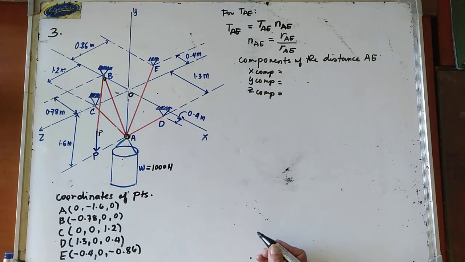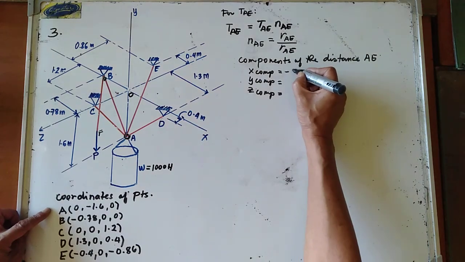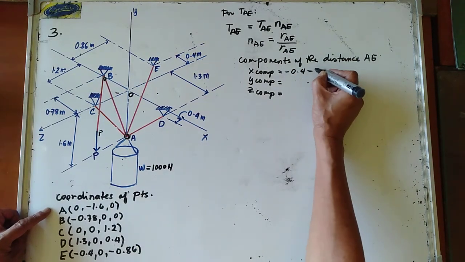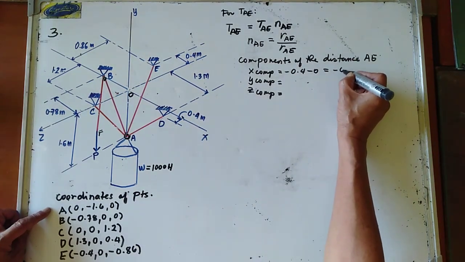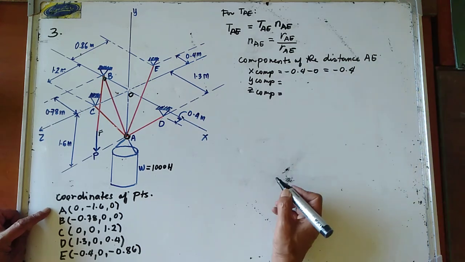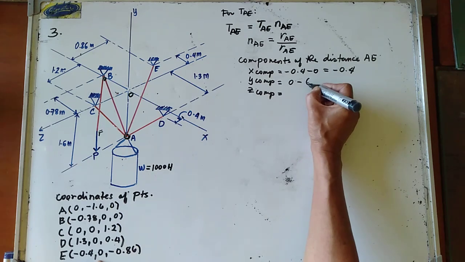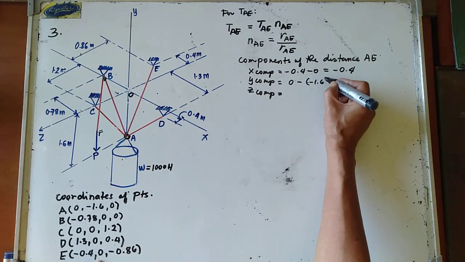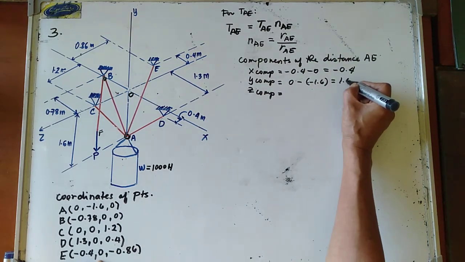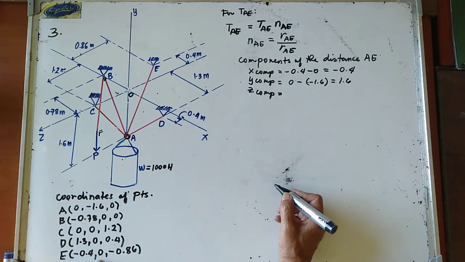So we now have minus 0.4 minus 0, so negative 0.4. 0 minus and minus 1.6 again, so it's positive 1.6.